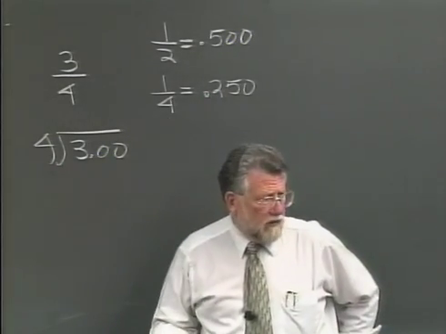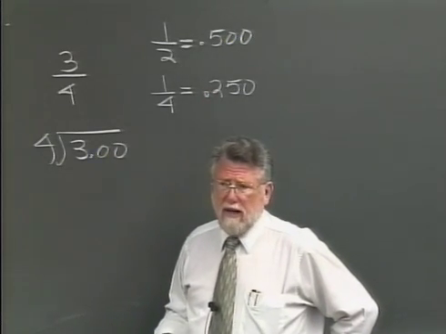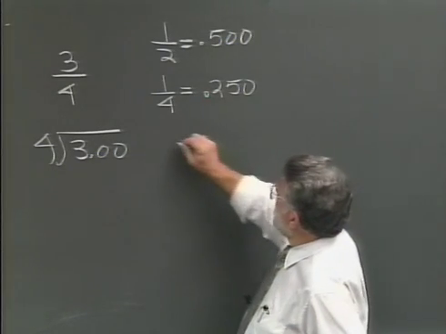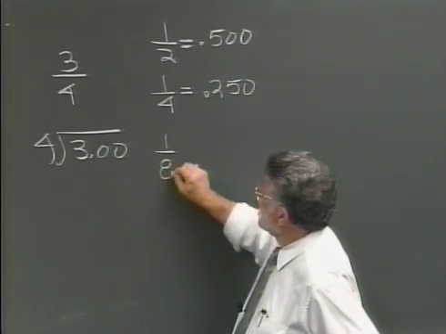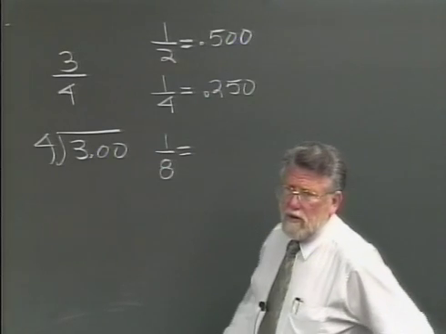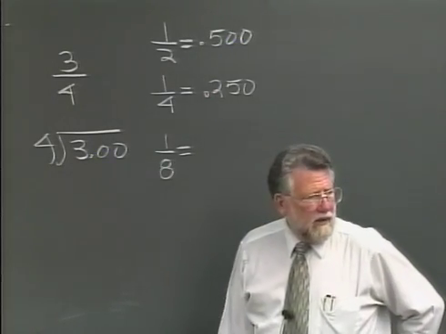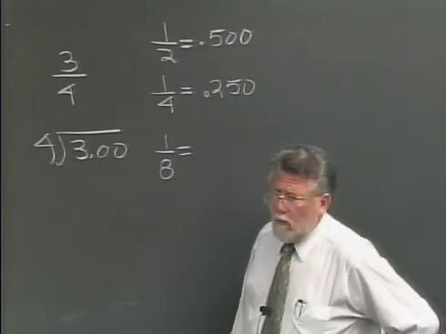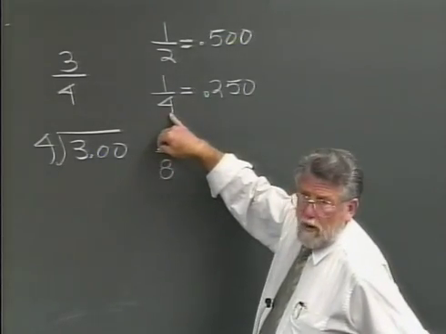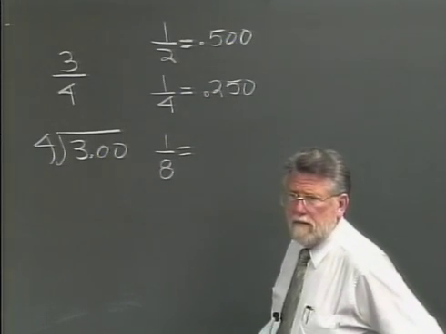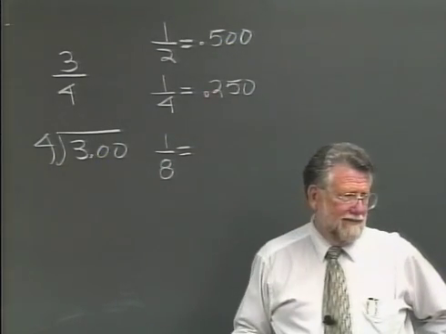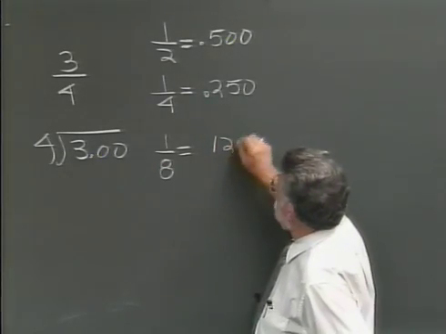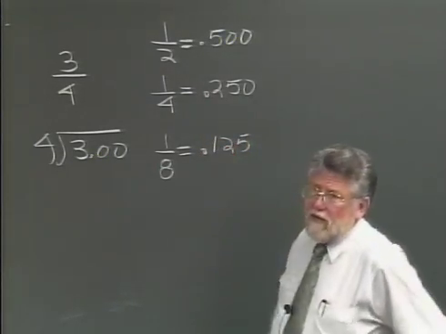Again, if I know what 1/4 is, 3/4 is just 3 times as much. And so I can multiply instead of dividing. But let's play the game a little bit further. For those of you who end up measuring things for any kind of projects around the house, if 1/8 is half of 1/4, what's half of 250? 125, yes? 125 is half of 250, and you didn't do any division.